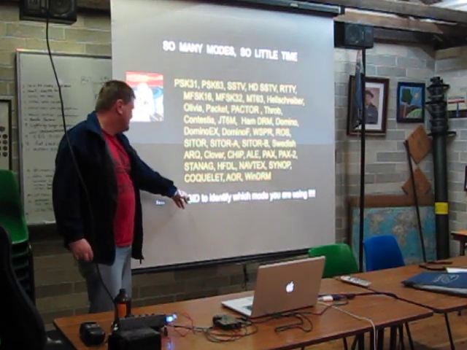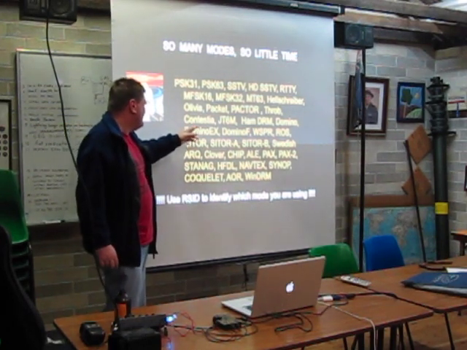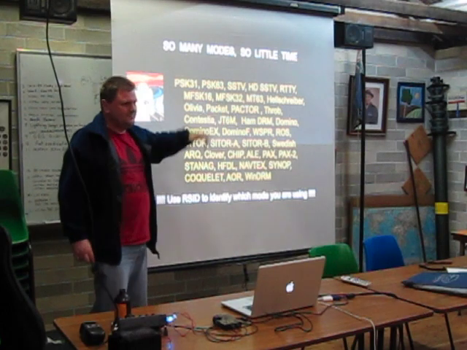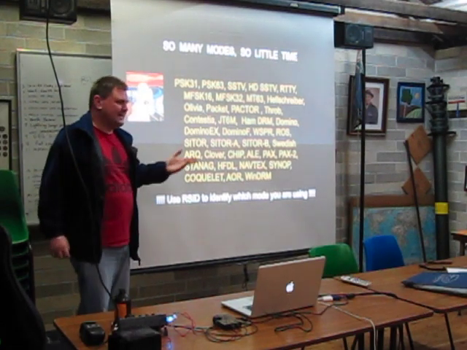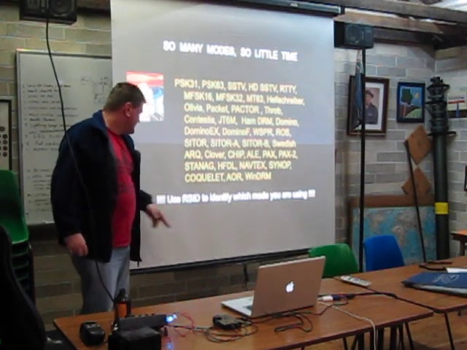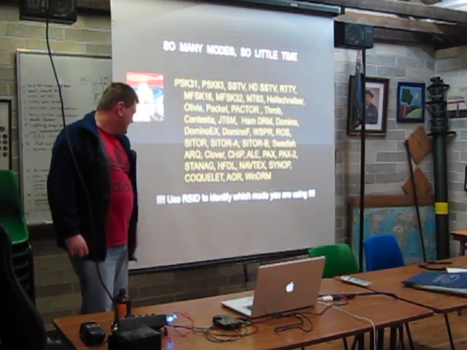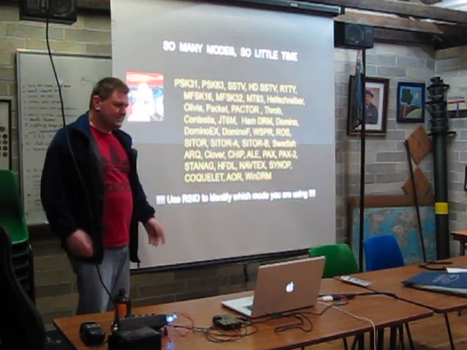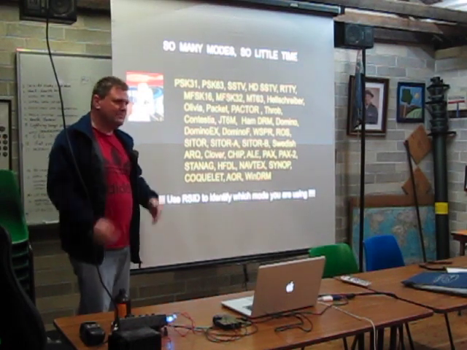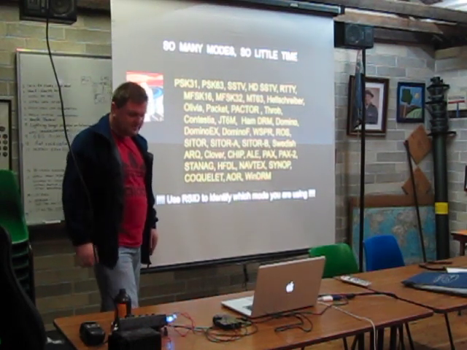If it sends number 23, that might mean it's Contestia 250/8 or something. So it's very important when you're playing digital modes to enable this RSID so that people can much more easily detect what mode you're using.